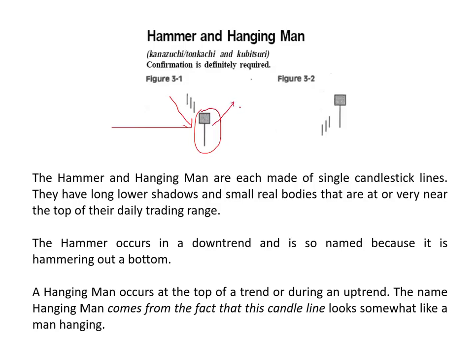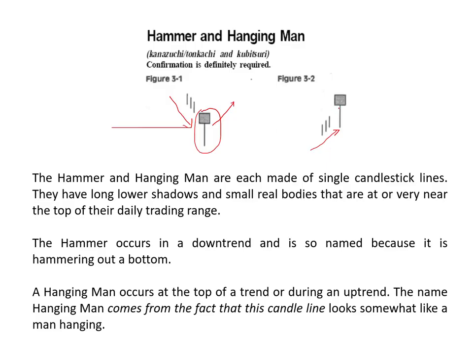Similarly, the hanging man occurs at the top of the trend or during an uptrend. So here you can see this is figure 3.2. There was an uptrend in the market and the prices opened gapped up. They moved a little bit and then they came down and then they closed at the very top of the price chart.